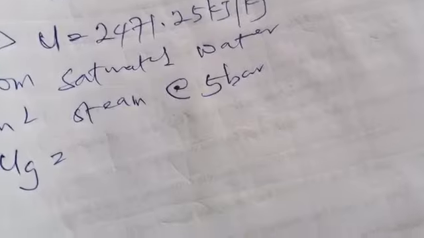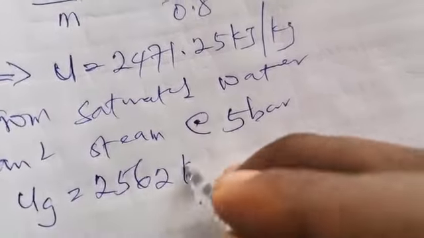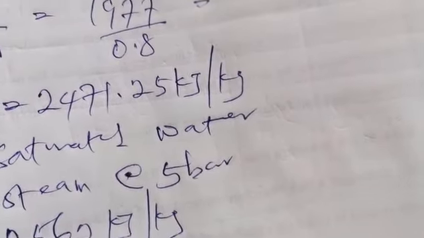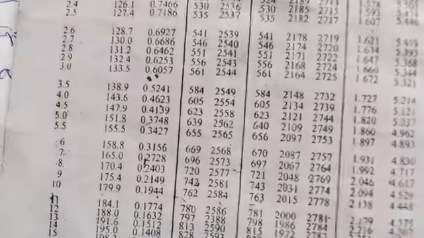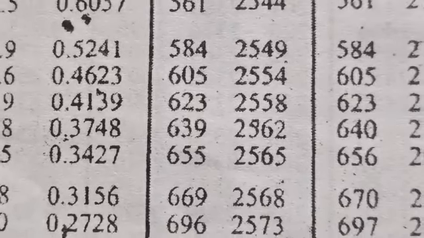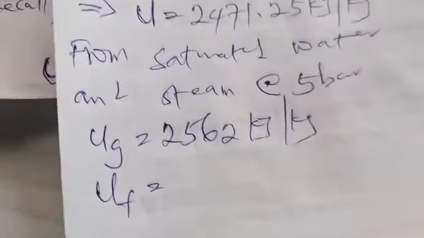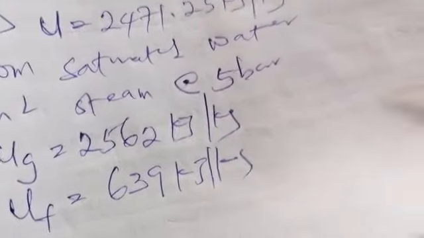So UG at that pressure is 2562 kilojoules per kilogram, and UF is 639 kilojoules per kilogram.